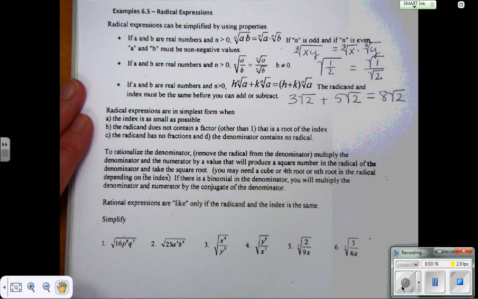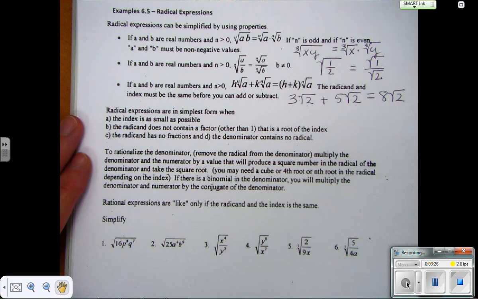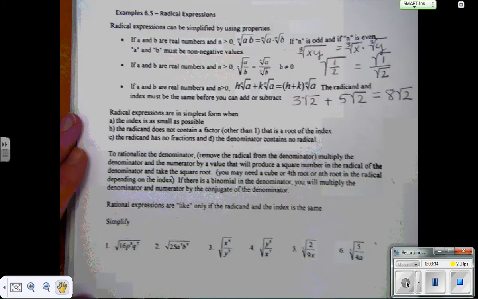And the radicand has no fractions, and the denominator contains no radical. So you're not going to leave a fraction inside a radical or a radical in the denominator. Okay, so let's do a few examples. The bottom part of those notes talk about how to rationalize, and I'm just going to show you how to do it instead of reading through that.